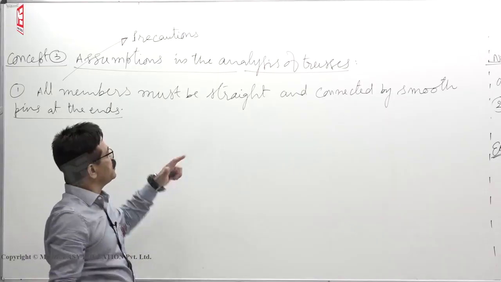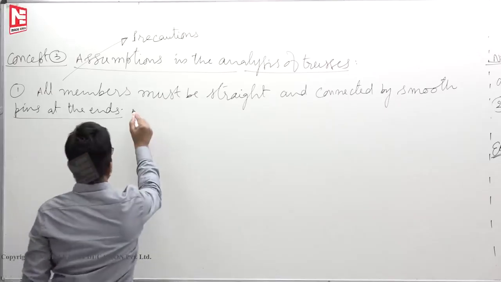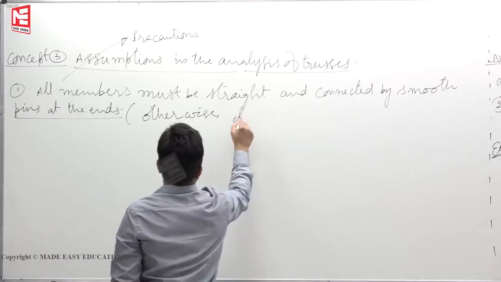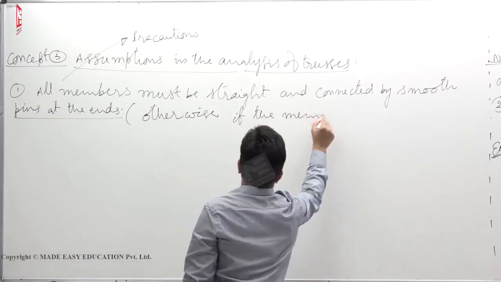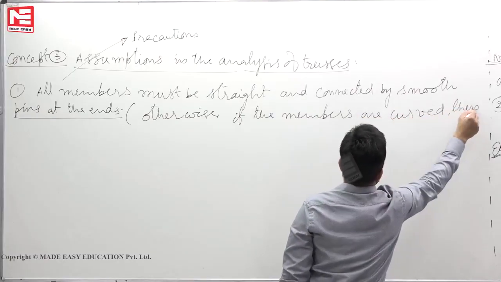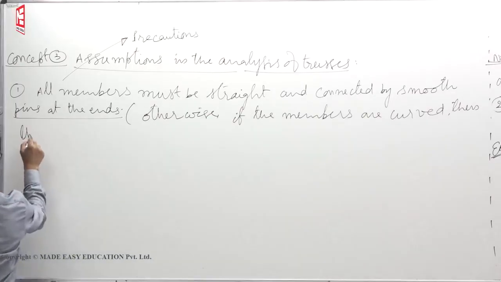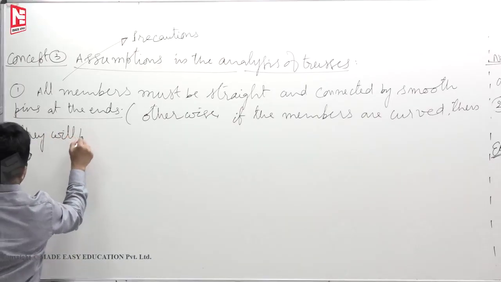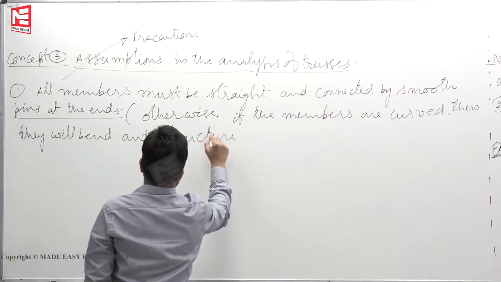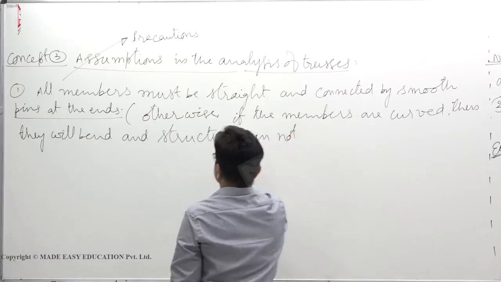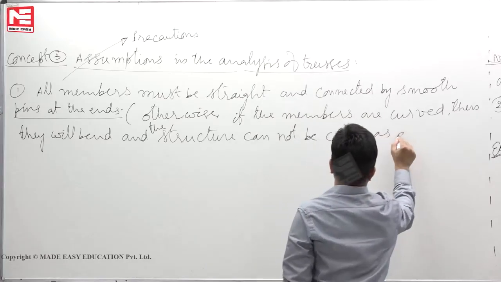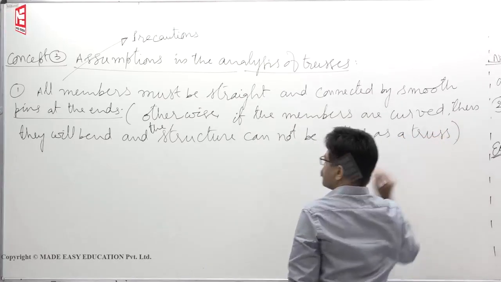What happens if the members are not straight? See, otherwise, if the members are curved, then they will bend. They will bend and the structure cannot be called as a truss.